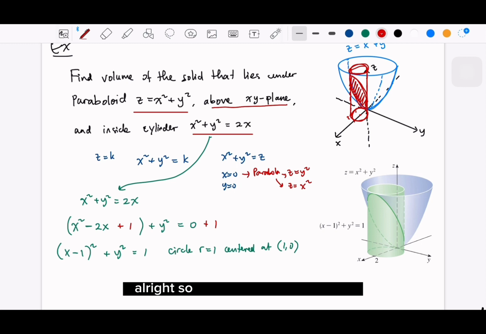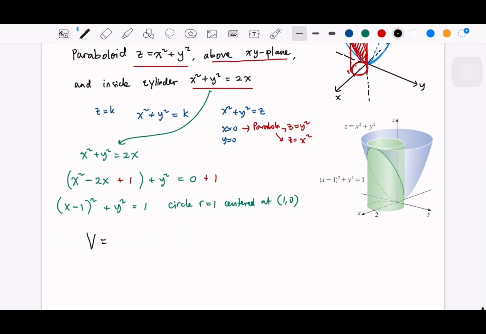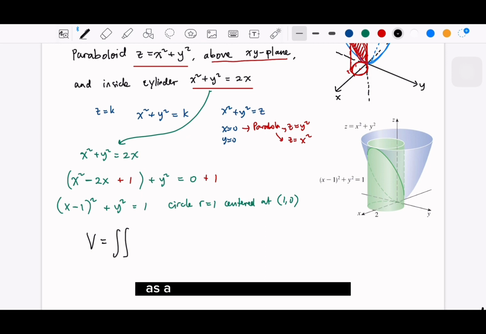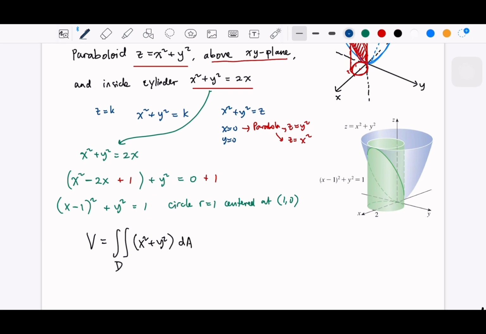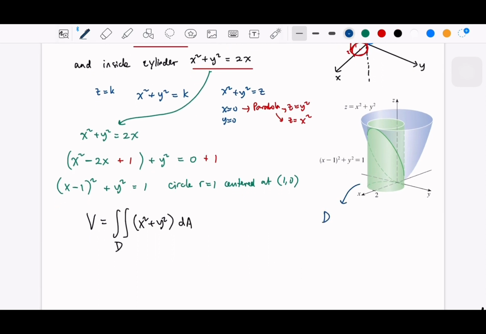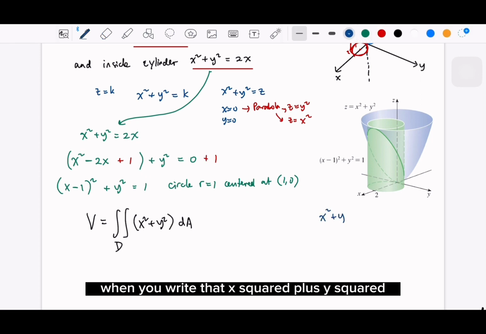All right. So then we take the volume as a double integral over the region D of x squared plus y squared dA. Now if we define D in terms of r theta, let me write first that x squared plus y squared is equal to r squared, and x is equal to r cosine theta.